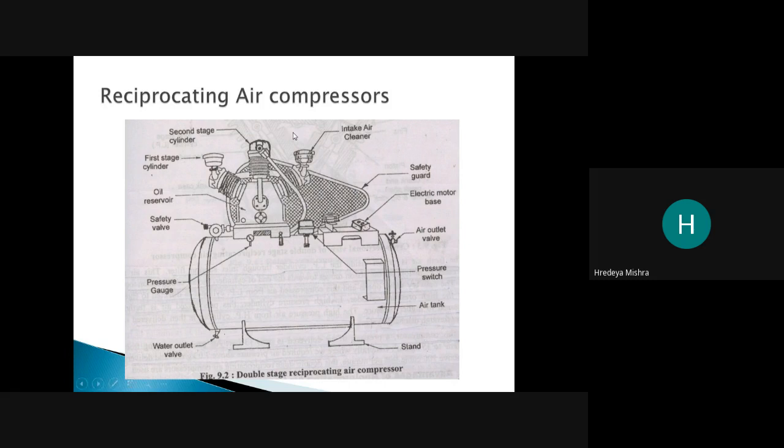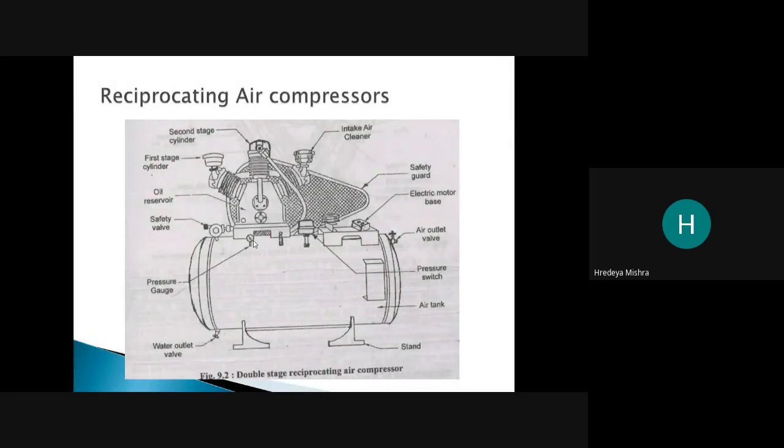So these are the components of the reciprocating air compressor. Oil reservoir is here. Why oil? Because we use oil to cool the engine. There is a safety valve. The pressure gauge is here.